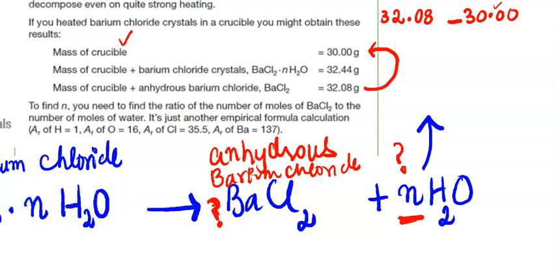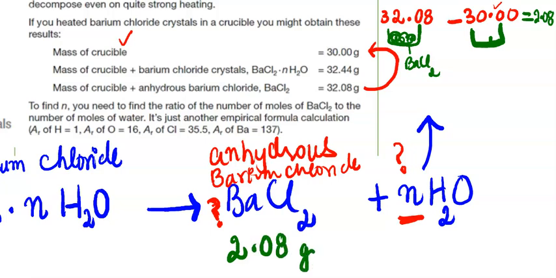If you are still confused about this, you have in this crucible barium chloride only, BaCl2, and this is the mass of the empty crucible, right? When you subtract this from this, you get the mass present inside the crucible, and your answer is 2.08 grams.